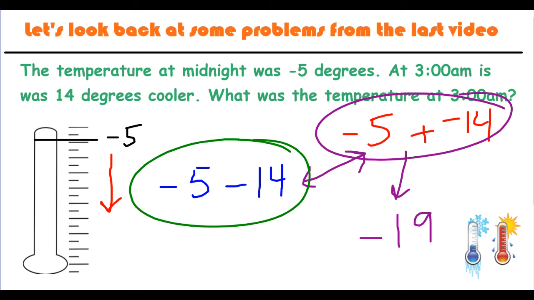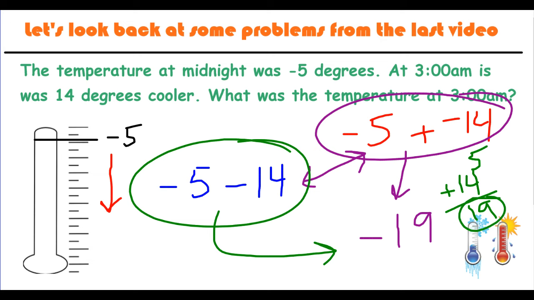They're the exact same problem, but we think of -5 on the number line, and we drop 14 farther in the negative direction, which puts us 19 degrees away. Again, because if we start at -5 and continue 14 degrees in the negative direction, we're going to add those absolute values together. So we can write it in two different ways that will result in the same answer.